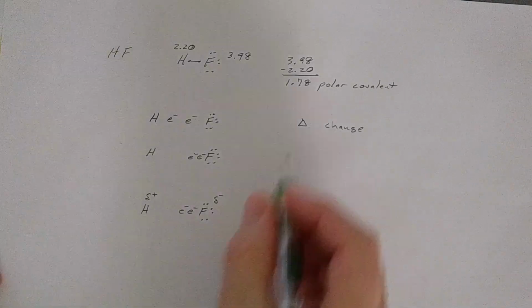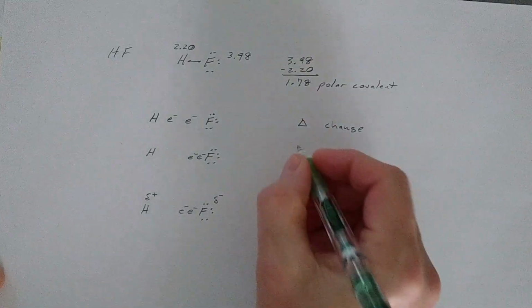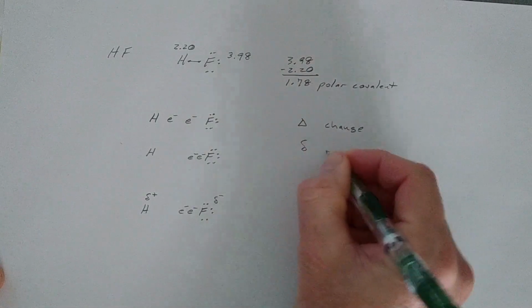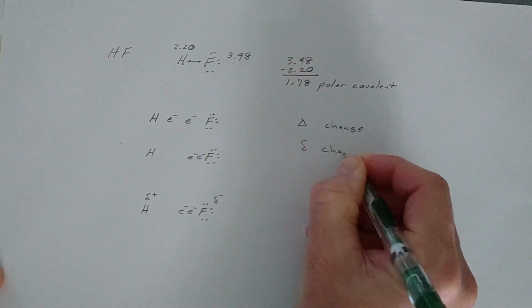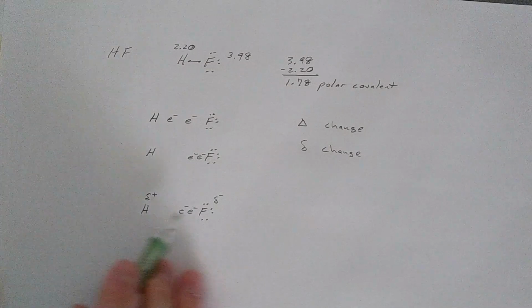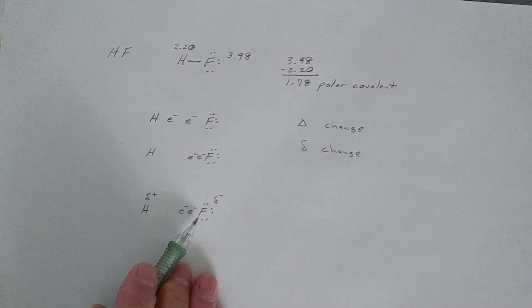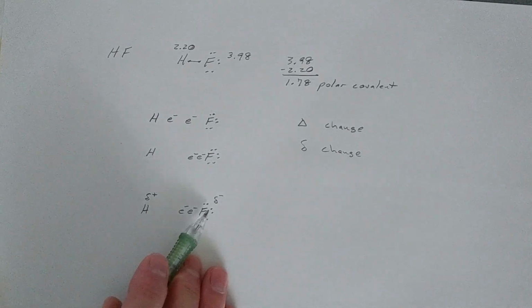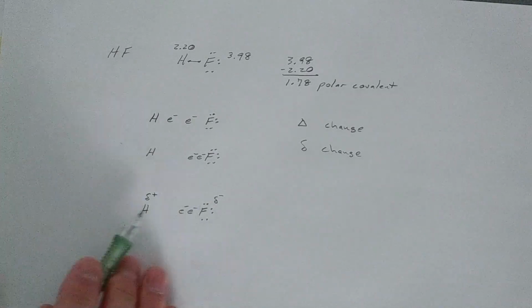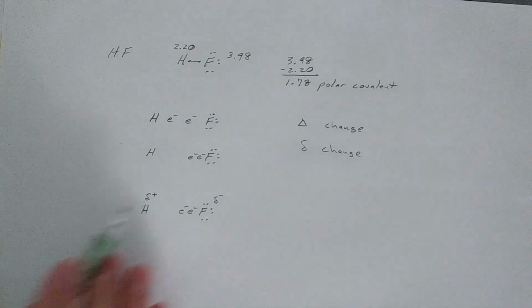In this case, we've already used delta to indicate change, and so we will use the lowercase Greek delta, which also means change. And our selection of this means that there is a change in the electronic states around the atoms in the bond, but there is not formation of a complete negative charge. There is a partial negative charge and formation of a partial positive charge.